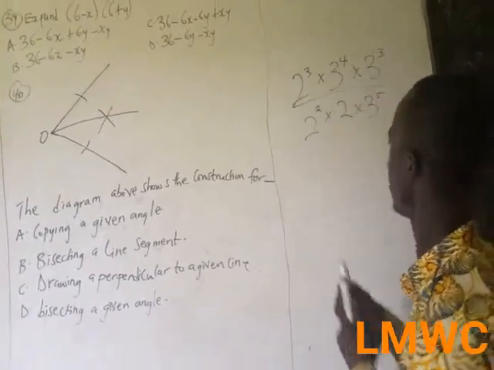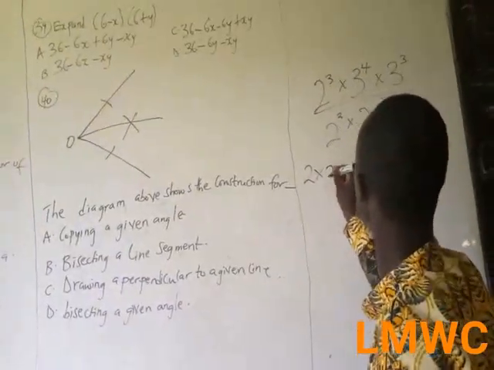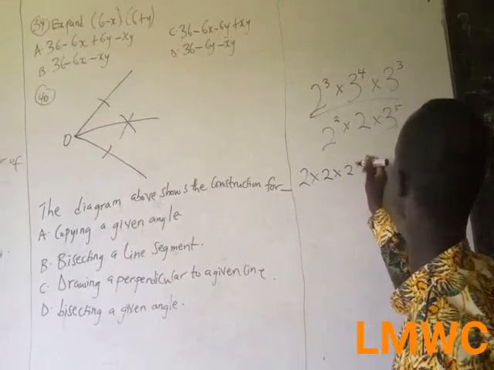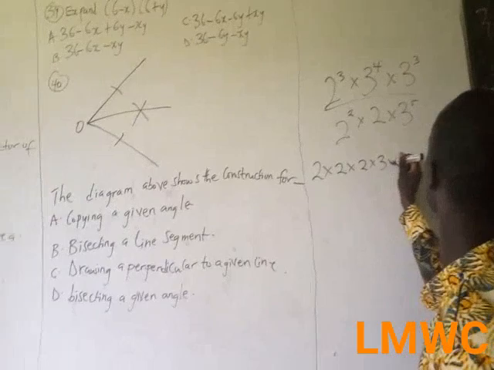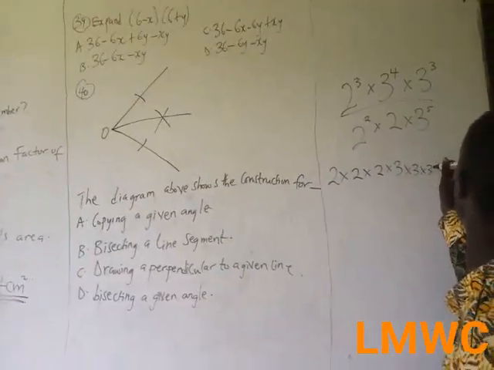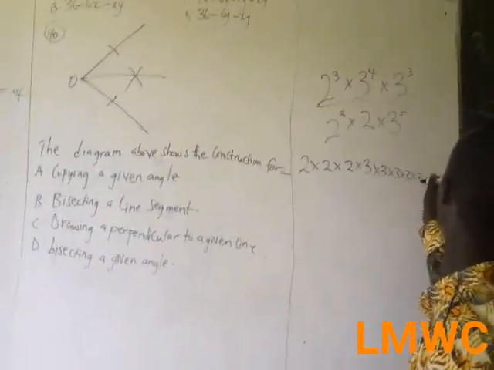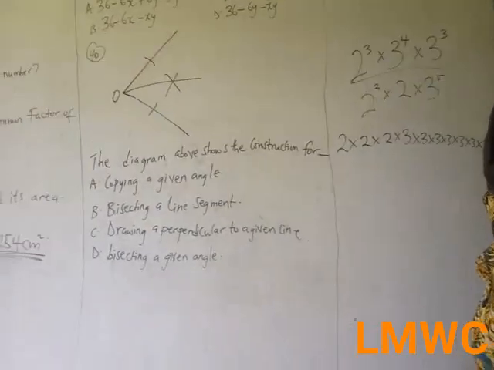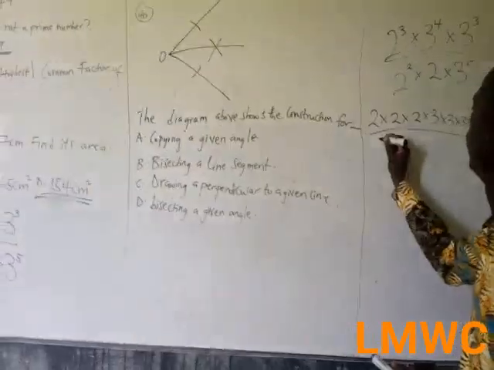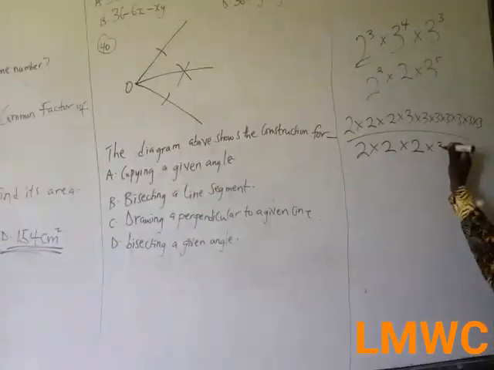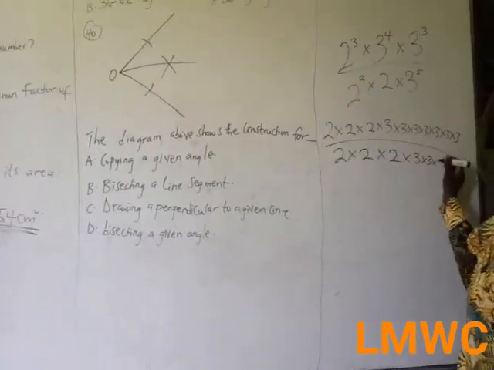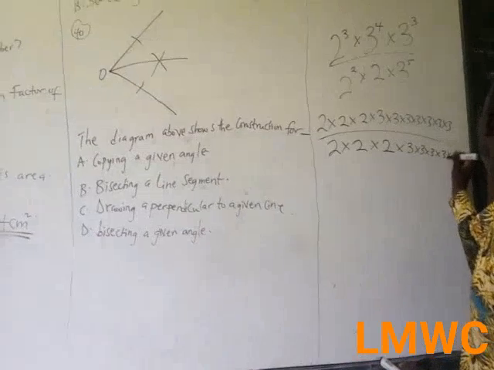So this is the same as 2 times 2 times 2, because 2 is multiplying itself 3 times, times 3 times 3 times 3 times 3 times 3 times 3 times 3, over 2 times 2 times 2 times 3 times 3 times 3 times 3 times 3.